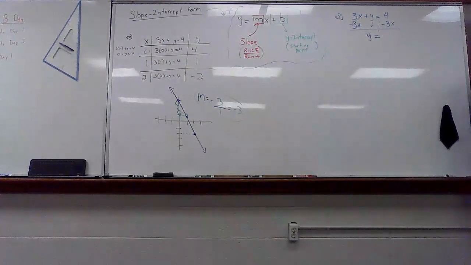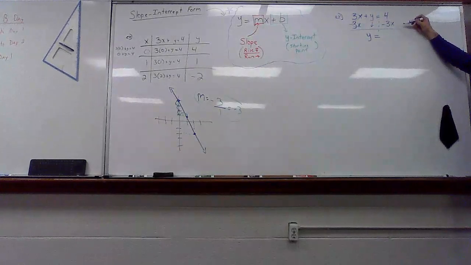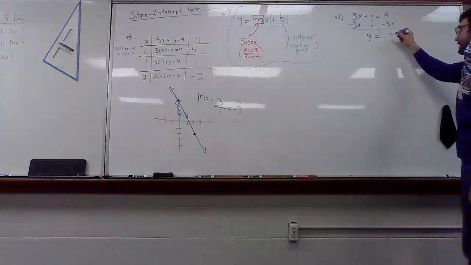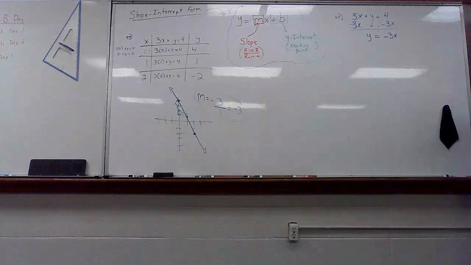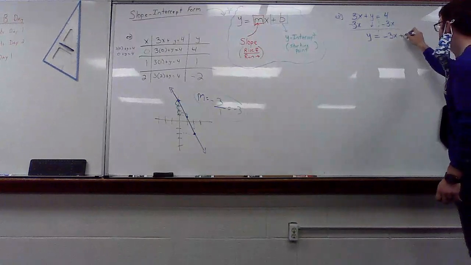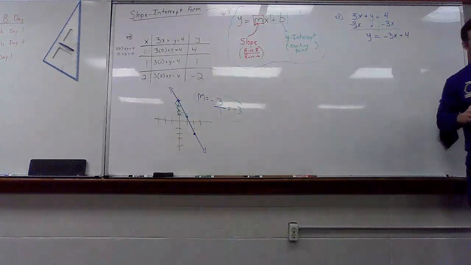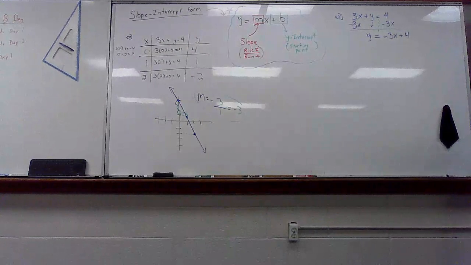What do you think, Levi? What does it say? Negative 3x. And that's what we put. Negative 3x. And what type of form? Hannah? Positive 4. Is this now in slope-intercept form?